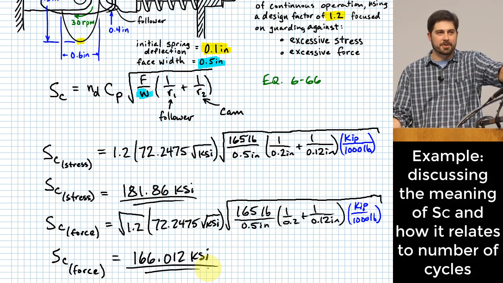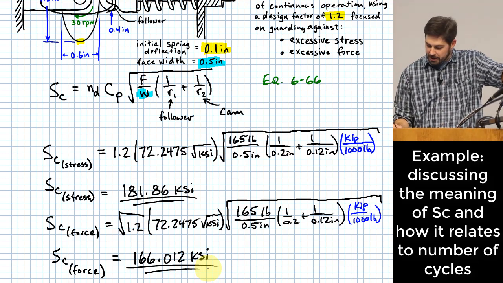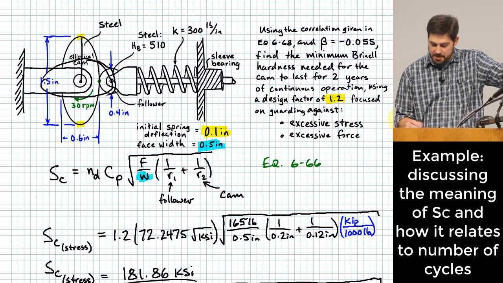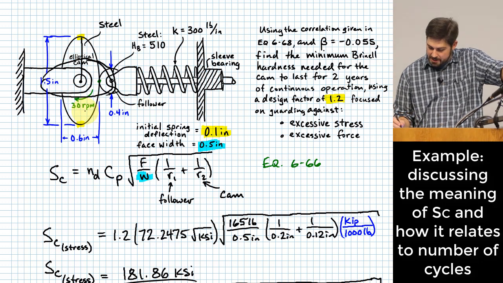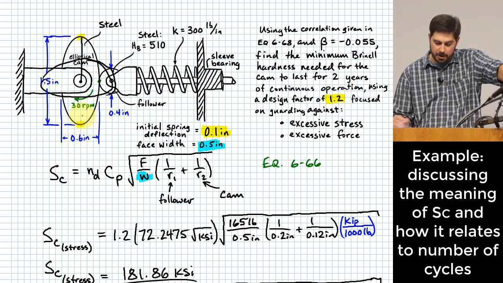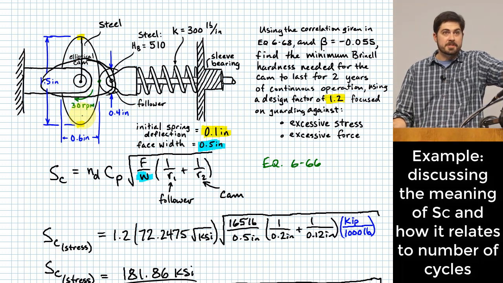We haven't figured that out yet. We are given enough information, based on the speed the cam is rotating and how long it has to do it: 2 whole years of continuous operation at 30 RPM. We know how many cycles it has to last.